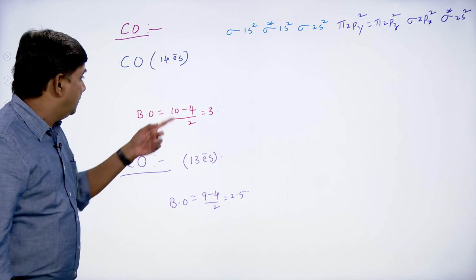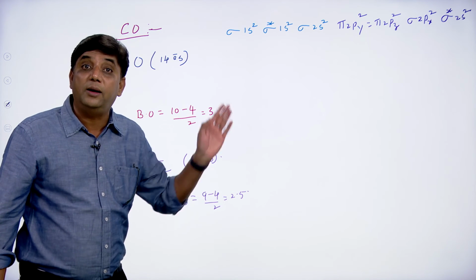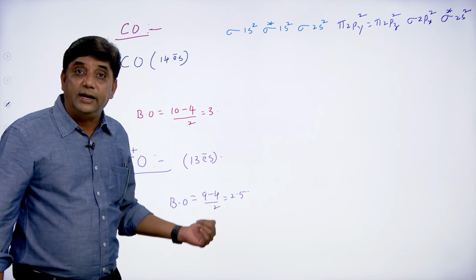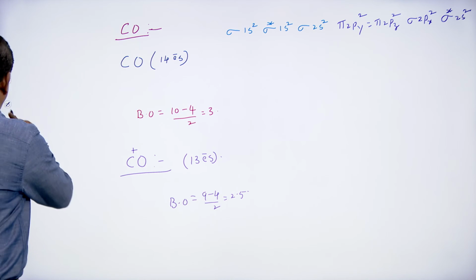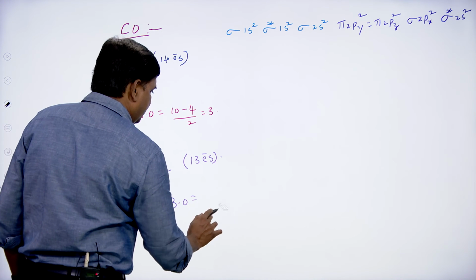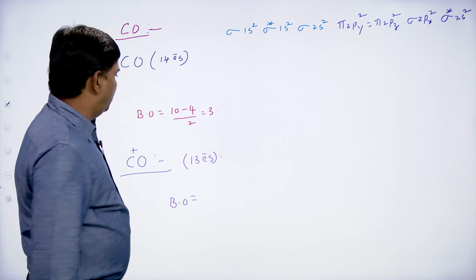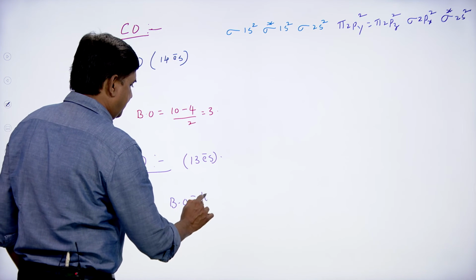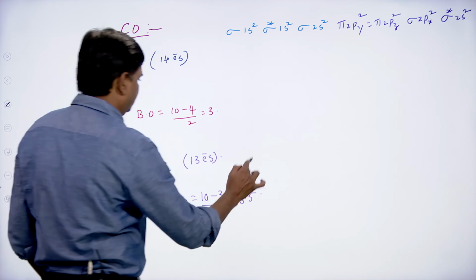The reason is from here to here bond order decreased. So bond length should increase, but on the contrary bond length decreased. That means bond order must have been increased. In order to get the bond order increased, the electron must be removed from sigma star 2s. Then bonding electrons will be 10 and antibonding 3, so (10 minus 3) by 2 is equal to 3.5.